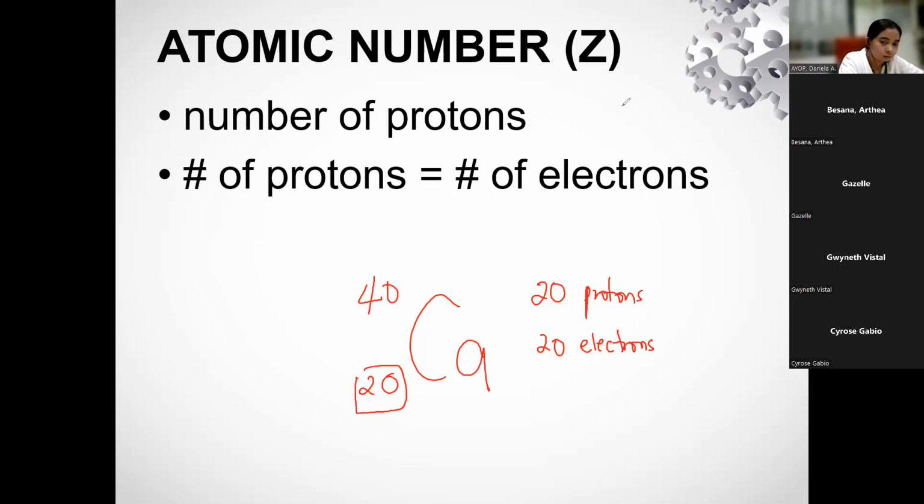When it has a charge, that's when the number of electrons changes. But the number of protons does not change, because if the number of protons changes, we call that a nuclear change. The element will also change. So when there is a charge involved or changes in charge, that is because of the electrons. Okay?